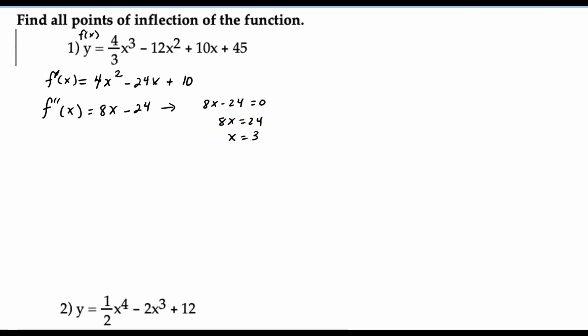All right, so what we do is we construct our wiggle graph here, f double prime of x, with the number 3. And we're going to check, does the second derivative change sign across the number 3? Well, how would you do that? You have to pick numbers, test points, if you will, to determine the sign. We really don't care what it produces, we just want to know if it's positive or negative.